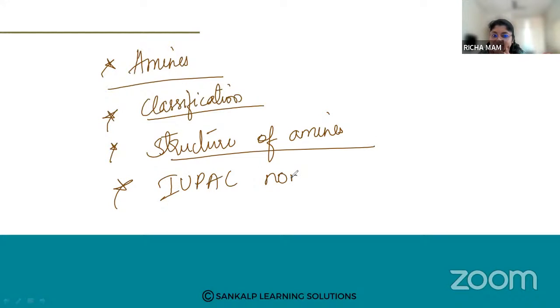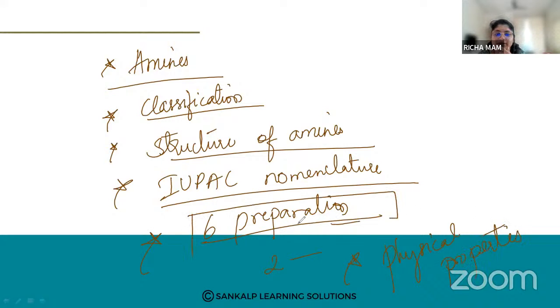There are six methods of preparation, out of which we have seen two, and we have seen the physical properties also. In the next class, we will see the other four methods of preparation and the remaining things.